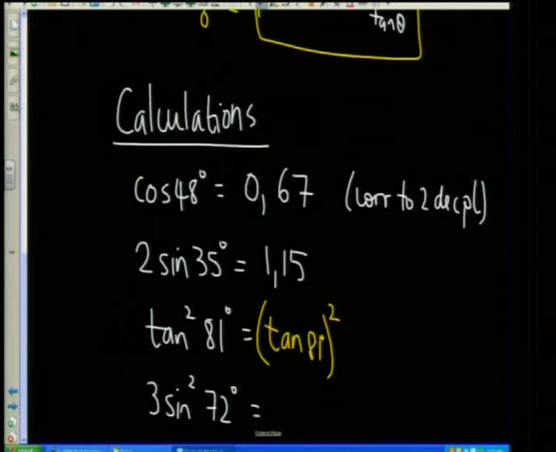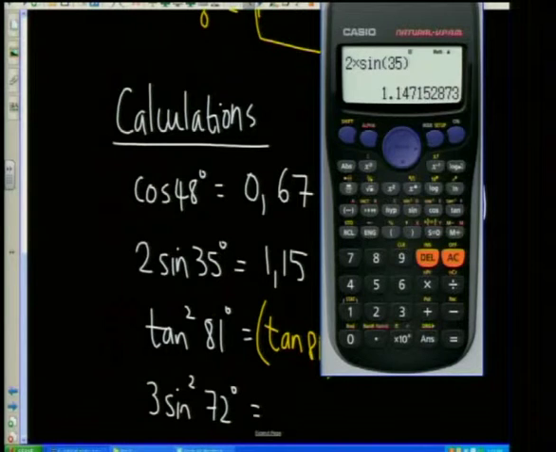The same thing would apply for 3 sine squared 72. But let's have a look at what that gives us. We would get the tan of 81, and then we'd like to square it, and we would get 39,8.